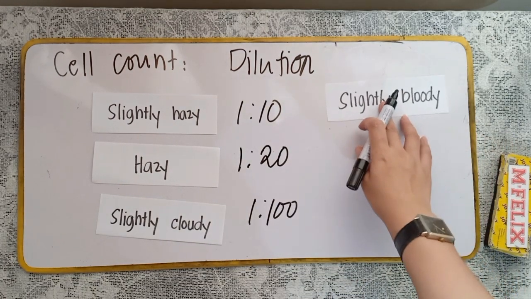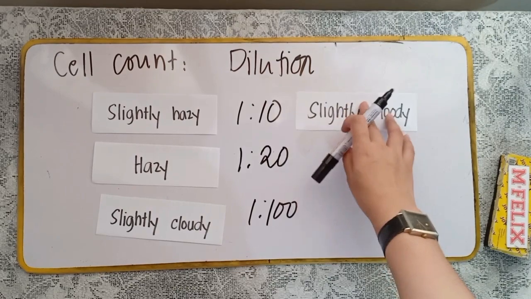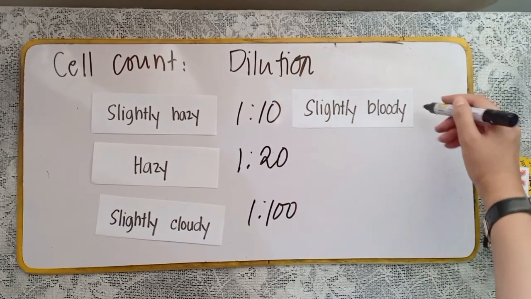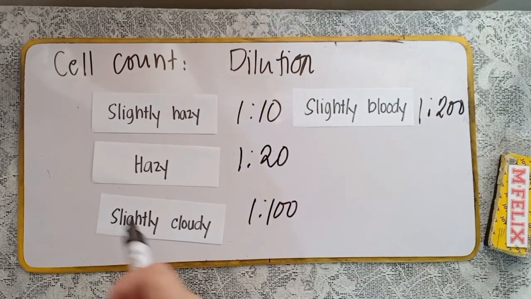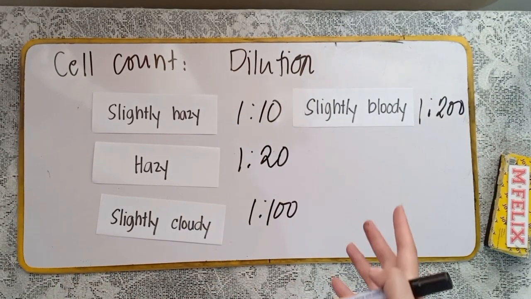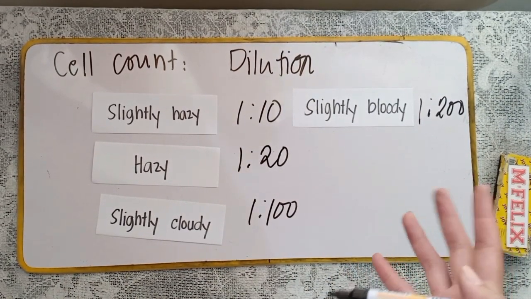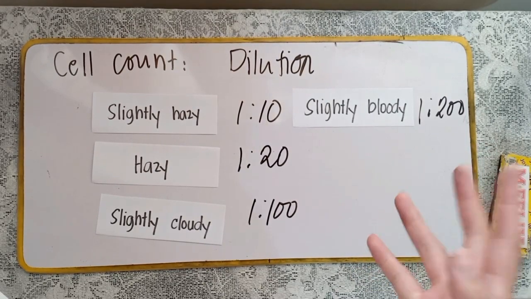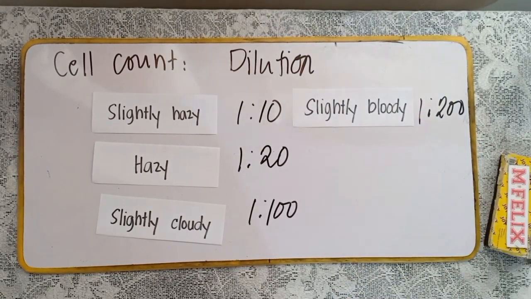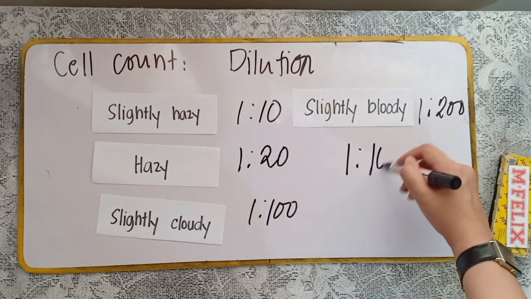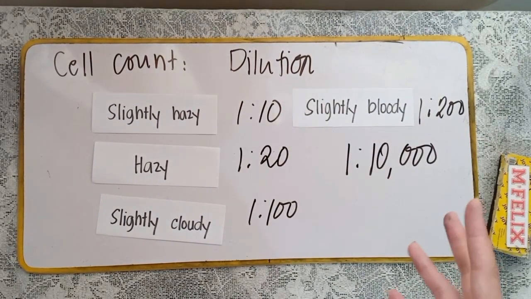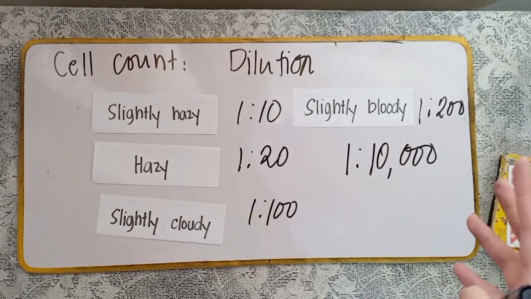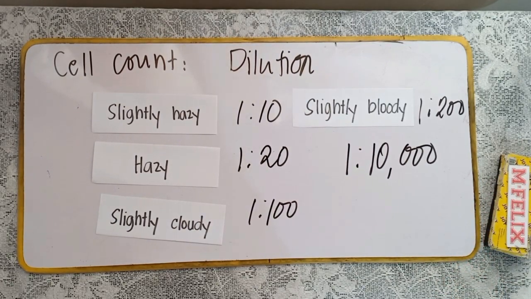And then a slightly bloody sample requires 1:200 dilution. And kapag heavily cloudy, bloody, or sobrang turbid, 1:10,000 dilution. Now, as you see, dilution depends on the degree of turbidity of the sample.